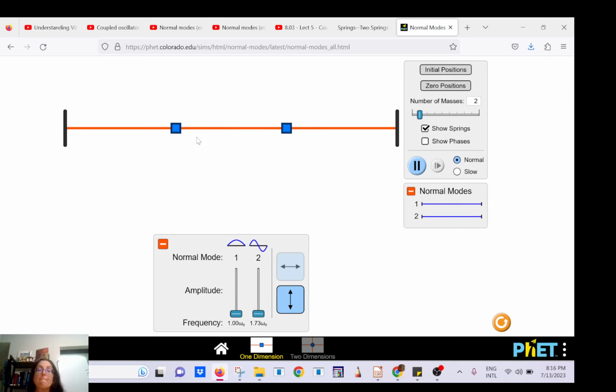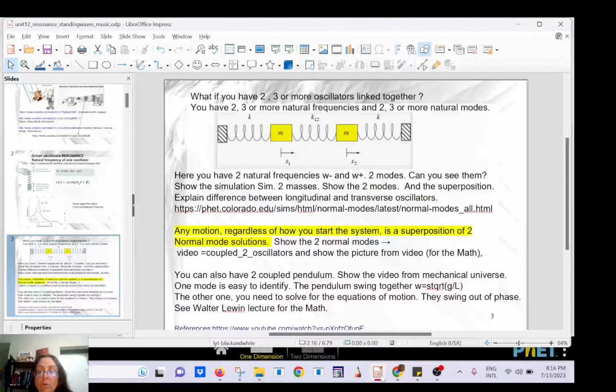So if you have two, can you think of two ways these two can oscillate? Can you find its two normal modes? So if you think about it, you can stop the video, or you can see that the two masses can either shake in phase, with the same natural frequency.